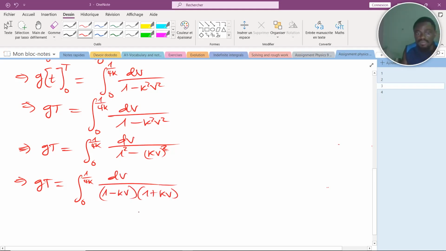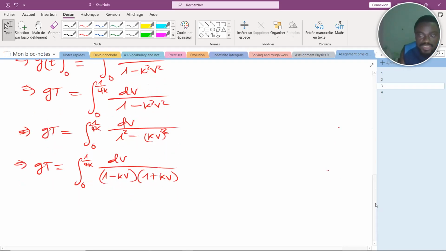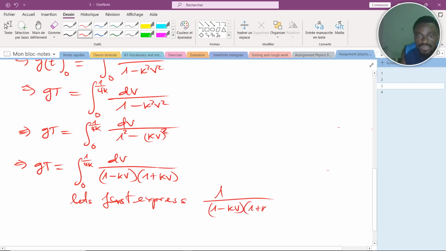And remember, k is a constant. So our main problem is to find this integral. As I told you, to integrate this, we first need to express 1 over 1 minus kv into 1 plus kv in partial fractions.